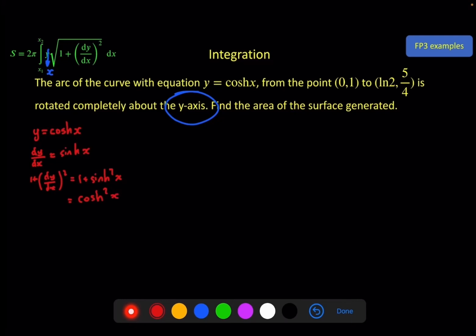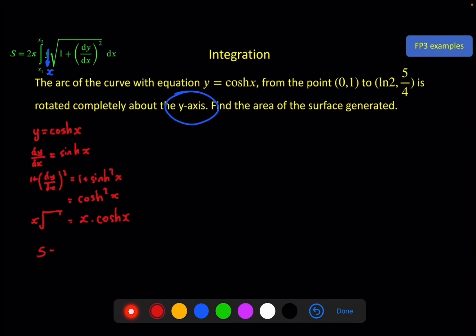And that's quite nice because when we do the square root of cosh squared, we just get cosh. But we do have this x out in front as well. So x times the square root of all of that is equal to x times cosh x, which is the thing that we're going to have to integrate. Which isn't all that nice, but we can do this with integration by parts.